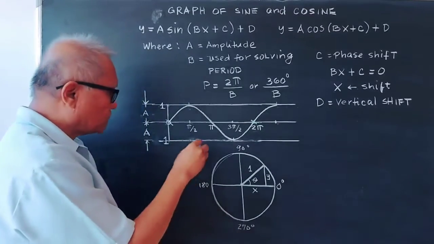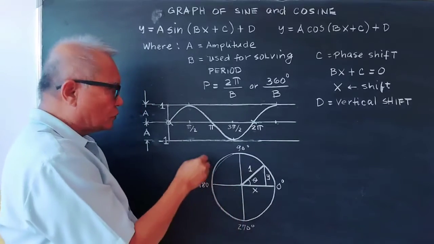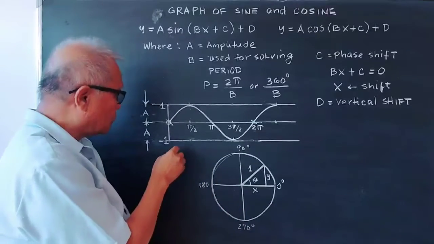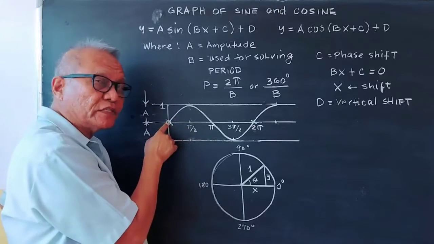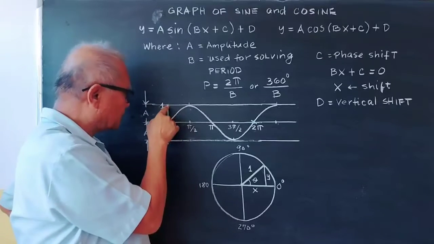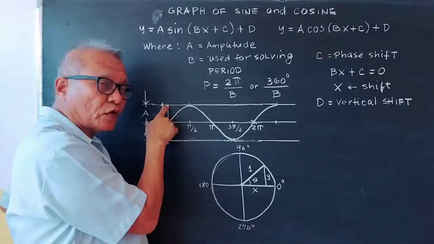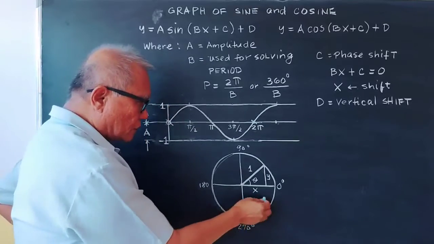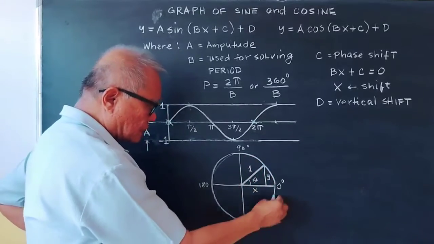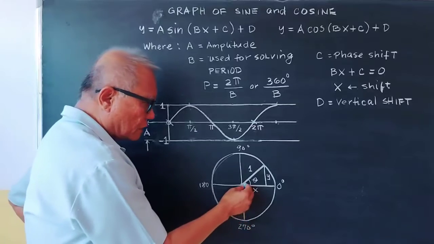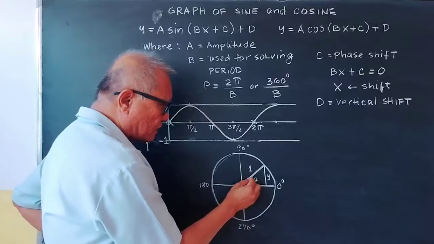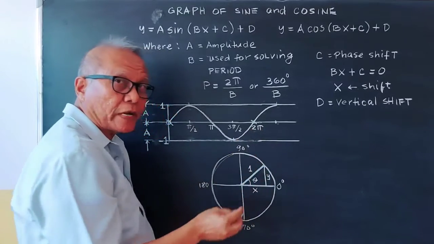So let's have this one to learn why the sine wave starts from 0 and why the cosine wave starts from +1. So we have a circle here, class, and let's have the radius of our circle equal to 1.